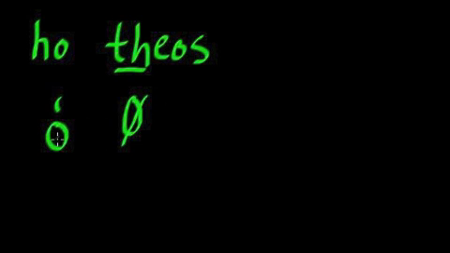Okay, so we have ho, and then theta, and then epsilon here is going to be normal, and then omicron, it's going to be normal. So theta, epsilon, omicron. And then in English, the letter for S is kind of a nice curve like that. In Greek, it almost looks the same.